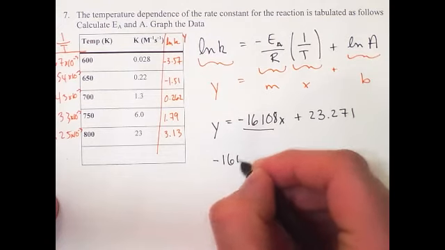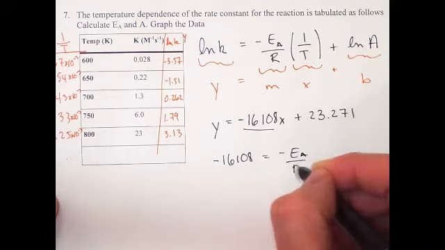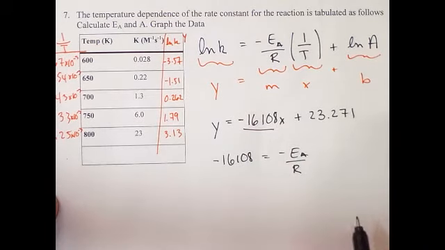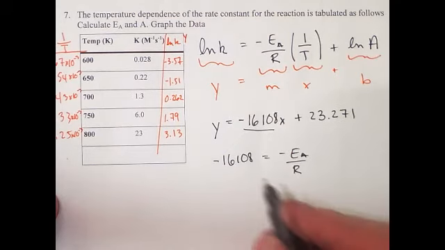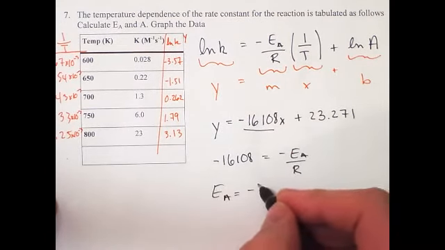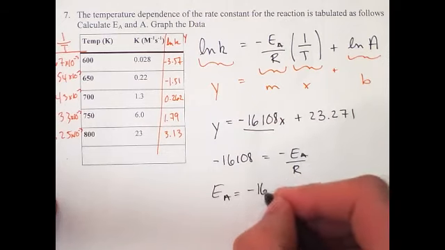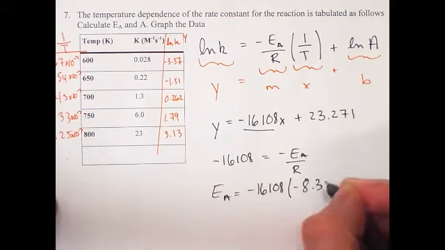Now we know that the slope of the line is equal to the negative EA over R. So negative 16,108 is equal to negative EA over R. So remember that R is not the one we used during most of the gas laws. It's 8.314. So EA is equal to negative 16,108 times negative 8.314. We're just going to take that negative over.